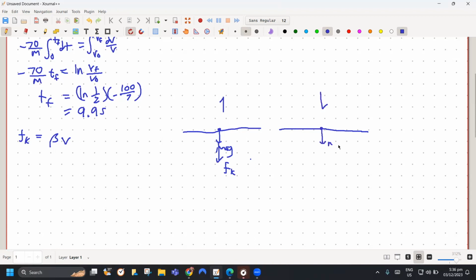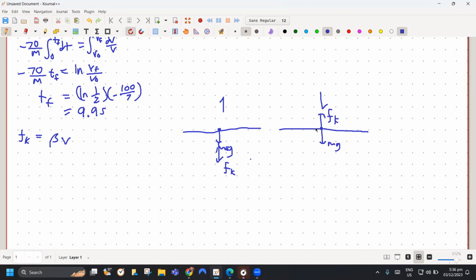Ngayon, pag moving downward, ganyan yung direction. Kaya pansin mo, yung friction, may sign dependence. It's always opposite to the velocity.